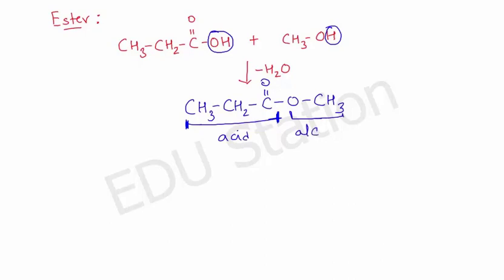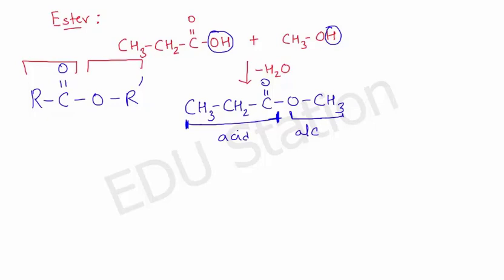The general formula for an ester is R C double bond O O R dash. This means this part is from the acid and this part from the alcohol.